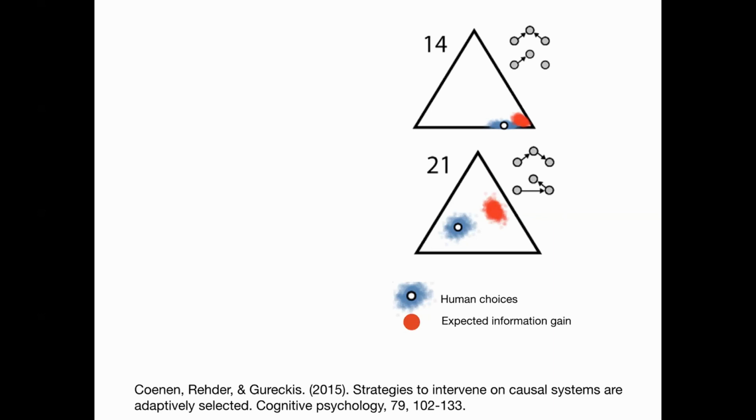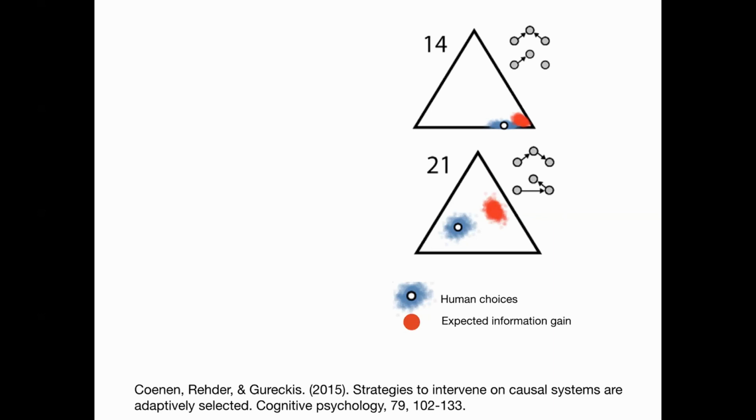The blue cloud of points are humans' choices, and the red points are predictions from the expected information gain model. We can see that for problem 14, expected information gain is a good model of human behavior, but for problem 21, it is not.